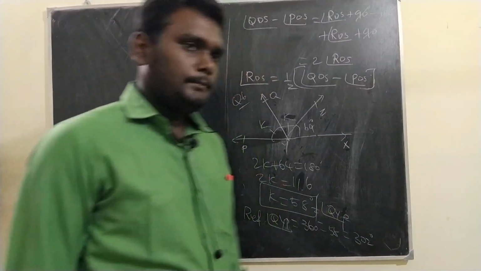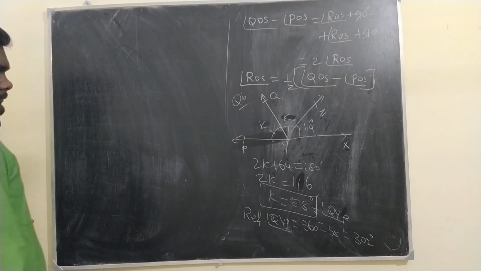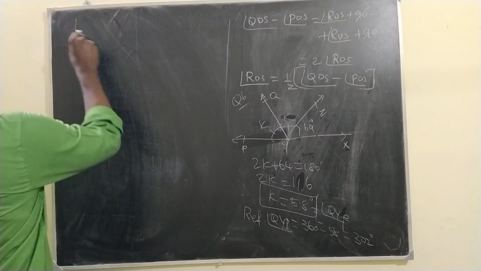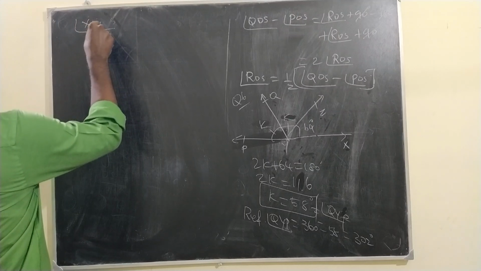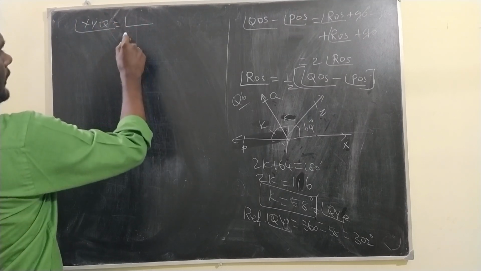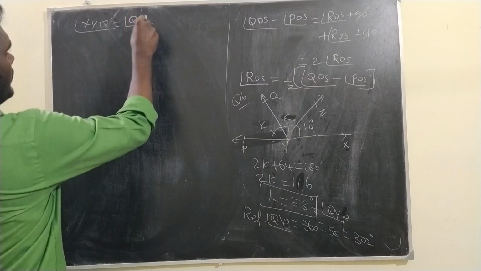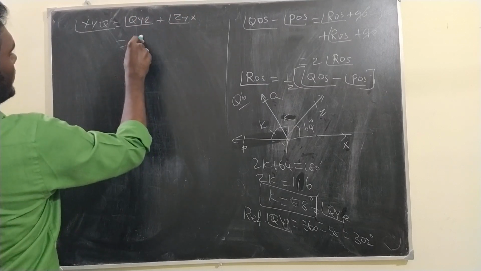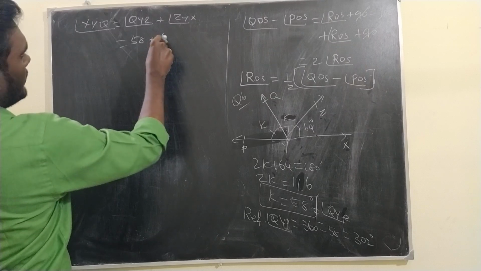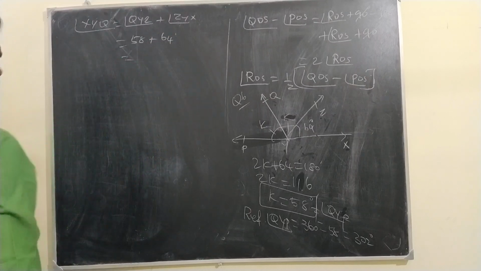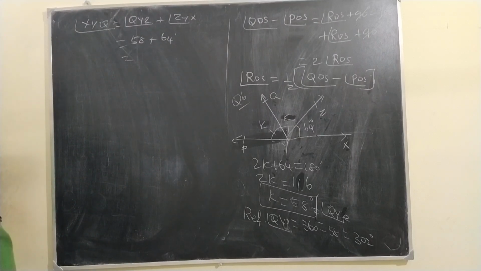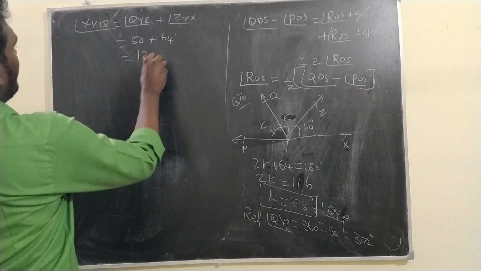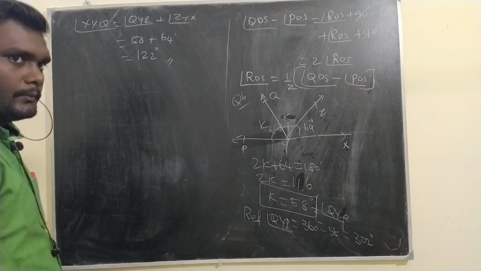Angle XYQ is equal to angle QYZ plus angle ZYX. QYZ is 58, ZYX is 64. How much? 122, is it? That's all.